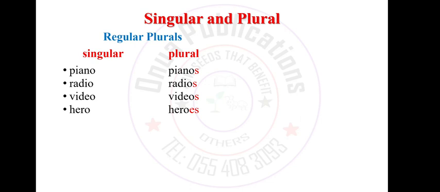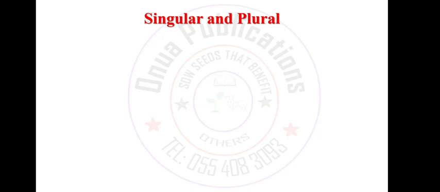When the last letter of the word is O, the rule applies here: ES, to make the plural. So we have hero, heroes, potato, potatoes, volcanoes. We may have tomatoes and many more.